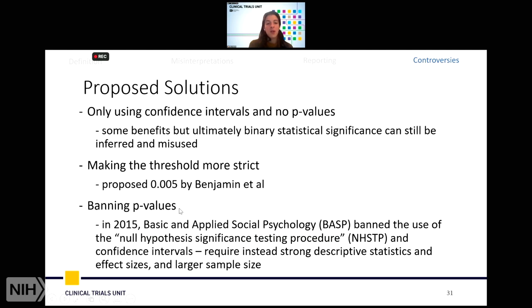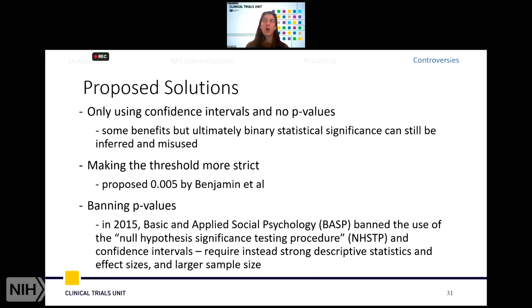And in the most extreme case, there is actually one journal. It seems that this is still the case today, but in 2015, Basic and Applied Social Psychology banned the use of null hypothesis significance testing procedures, which means that all of the research reported there focuses only on strong descriptive statistics and effect sizes, and they encourage you to have a large sample size.